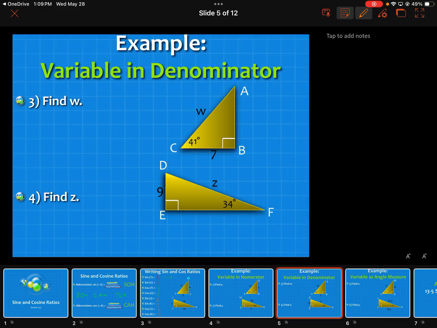Let's try another one. Our angle is not special. That's our adjacent. That's our hypotenuse. So we're going to use cosine. Cosine of 41 equals 7 over W. That means you got to divide. 7 divided by cosine 41.